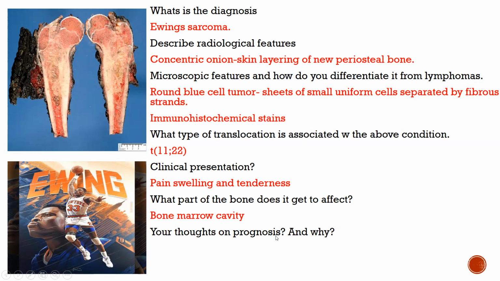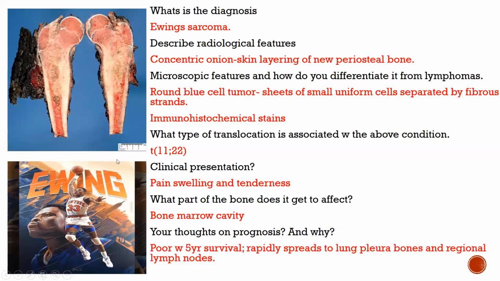So what are your thoughts on the prognosis? Most probably you guys have been in pathology for some months, so you know what prognosis is. This patient tends to have a poor prognosis with poor 5-year survival, since Ewing sarcoma metastasizes to the lungs, pleura, the bones, and regional lymph nodes.